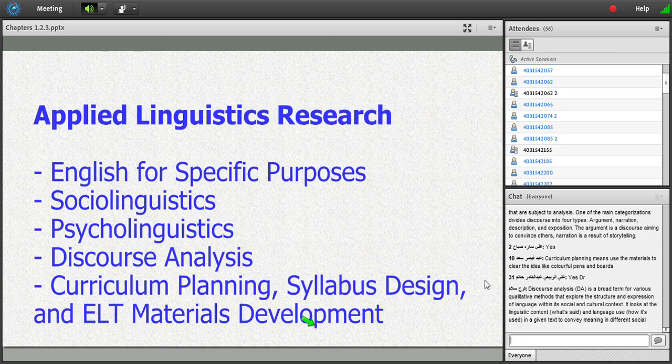So, for example, you want to investigate the influence of the students' socioeconomic status on their willingness to go to English classes in the private institutes. For example, you may have this hypothesis that those students who suffer from poverty may not be that much interested because it is not considered as their needs.